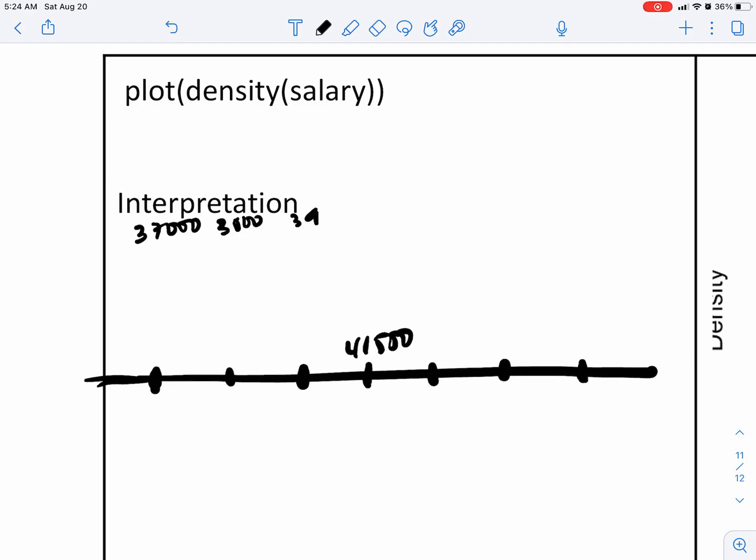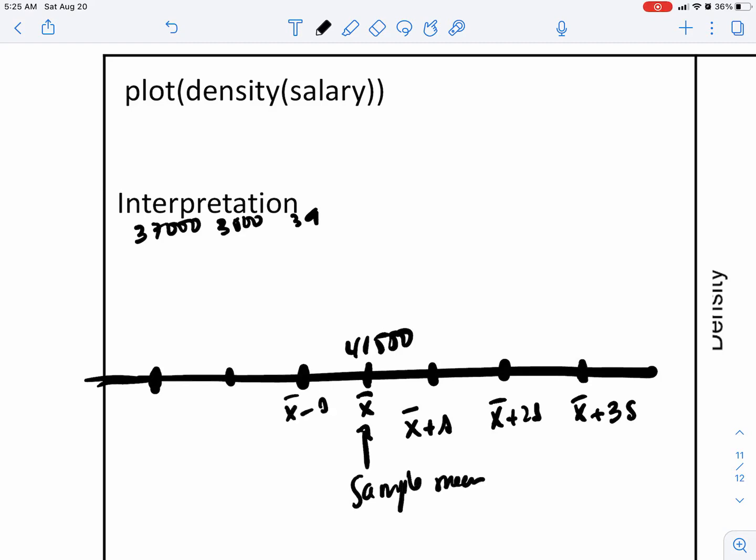If I add standard deviation, I'm going to do this: X bar plus standard deviation, X bar plus 2 standard deviations, X bar plus 3 standard deviations. This is X bar, which is the sample mean. This side is X bar minus standard deviation, X bar minus 2 standard deviations, and X bar minus 3 standard deviations.